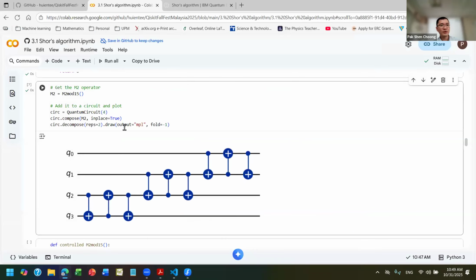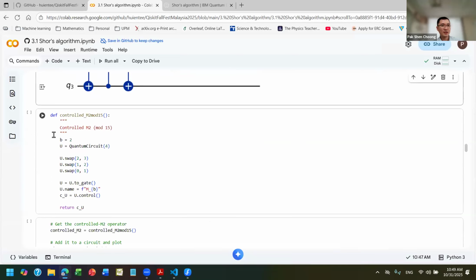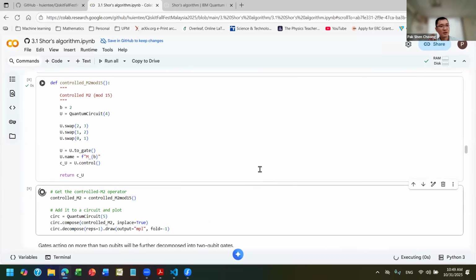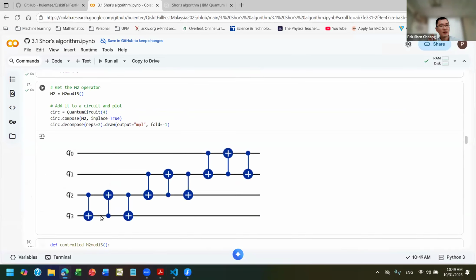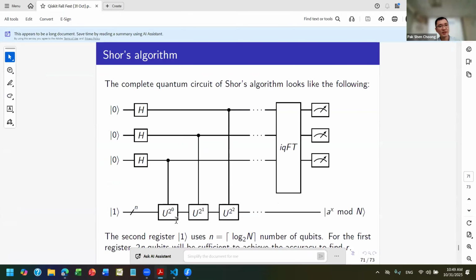So now, before you go into that, remember that this is your U2 to the power 0, which is this unitary matrix.